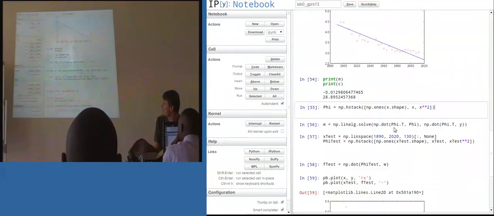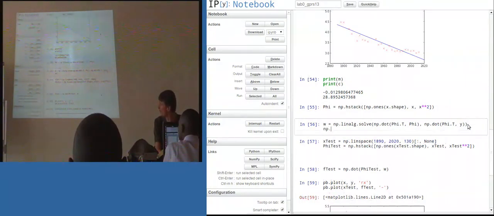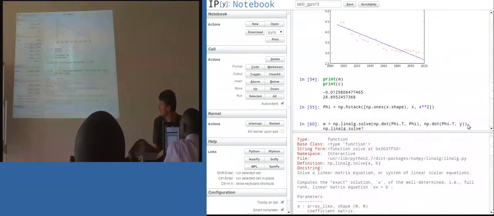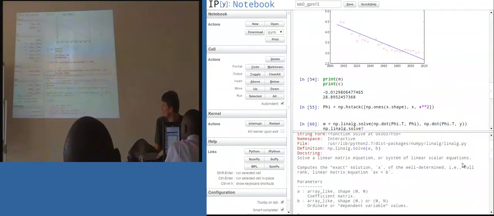Remember what we wanted was W equal to the inverse of this times phi transpose y. But we weren't going to do that by inverting phi transpose phi. The correct way to do it is solving this linear algebra system. So if we put linalg.solve, which is something that is in the lab sheet too, it comes up in the help here: solve a linear matrix equation, or system of linear scalar equations, computes the exact solution X of the well-determined linear matrix equation AX equals B. That's how the numerical analysis people like to write it.